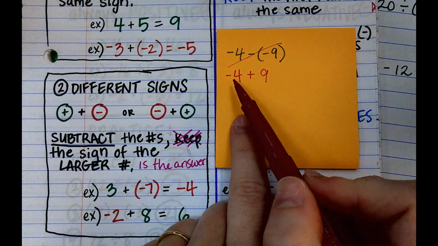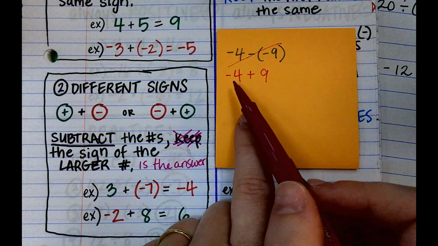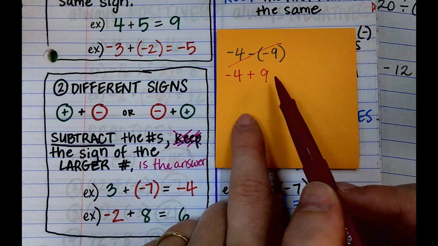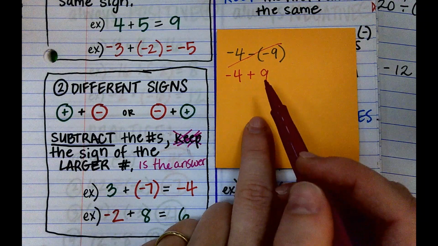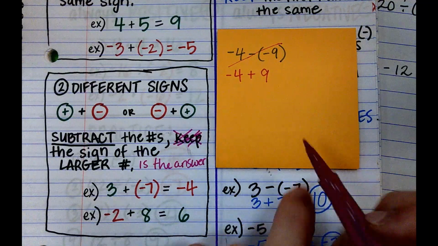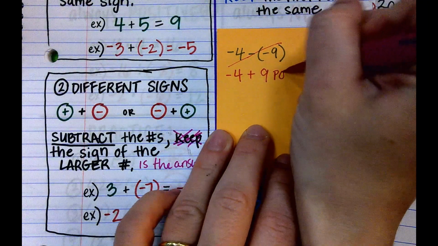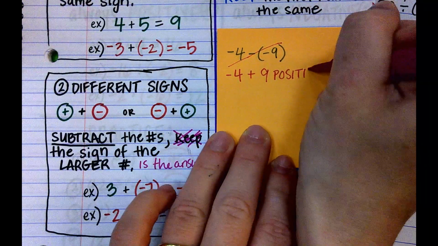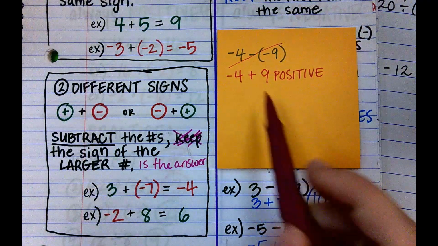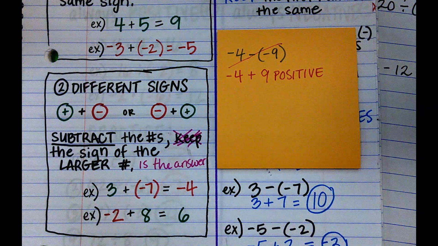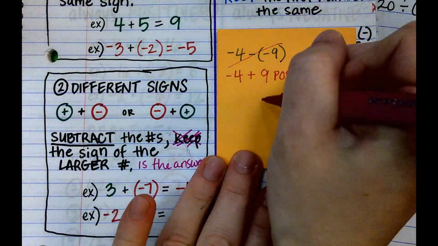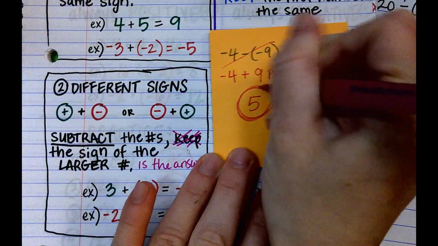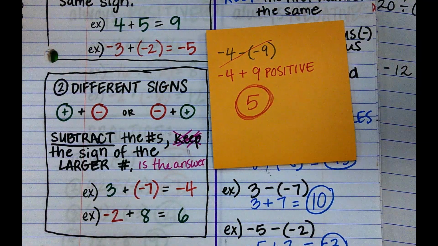So -4, positive 9. Is 4 bigger or is 9 bigger? 9. Is 9 positive or negative? Positive. So my answer is positive. When I subtract 9 minus 4, we get 5. Positive 5. Good.